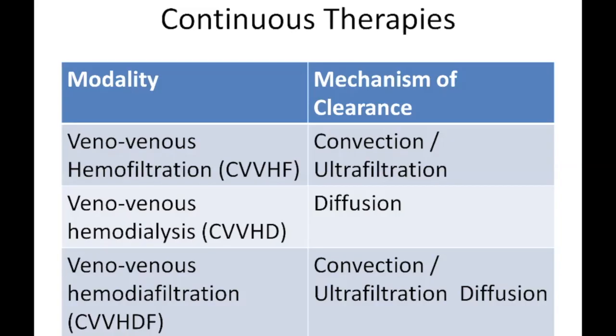So moving on to truly continuous therapies, meaning that we're running these for the majority of the day, 18 to 24 hours. This is some terminology to get familiar with: veno-venous hemofiltration, CVVHF, which is basically the method of removing fluid via ultrafiltration and then taking a replacement fluid, which is basically IV fluids, a balanced IV fluid solution very similar to lactated Ringer's, and replacing the water that you removed, which is, quote unquote, dirty, with clean IV fluids.